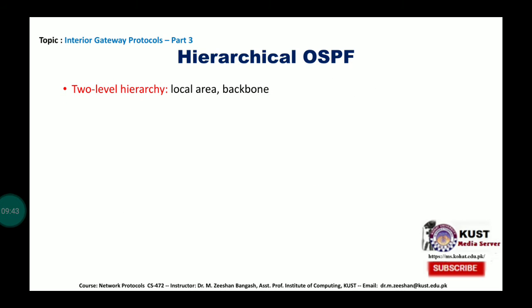Now we can discuss it diagrammatically: the whole hierarchical OSPF is divided into 2 levels, one is the local area and another is the backbone area. The LS packet dissemination and the advertisement we discussed in the previous slides is only flooded in one area.